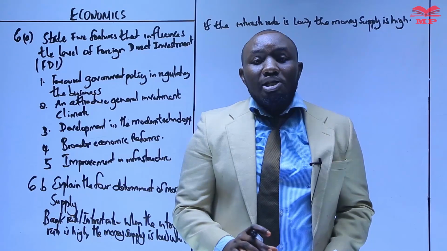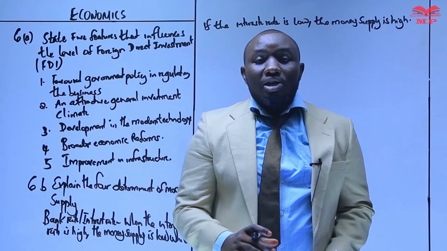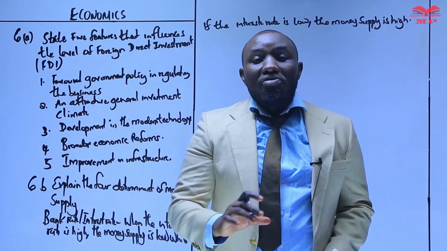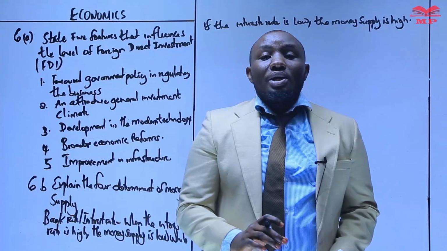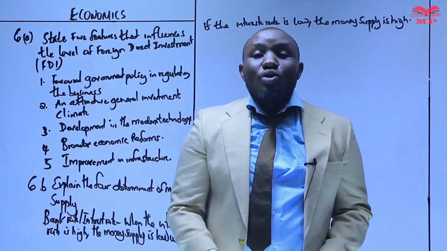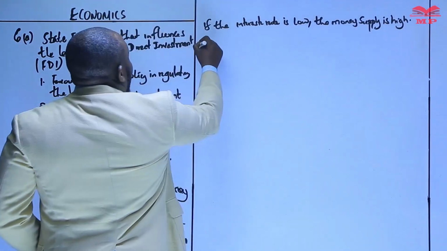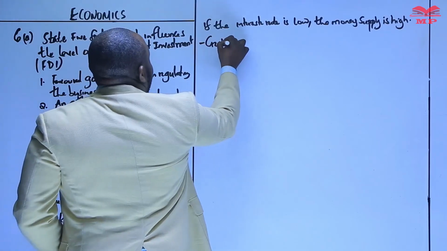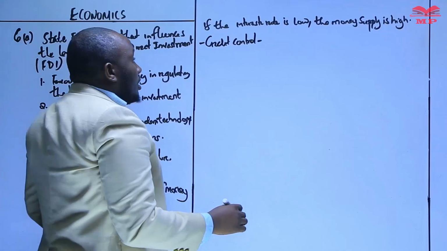But if credit is not given selectively, but given to every area of the economy without selecting, then the supply of money is going to be high. So we put it as credit control. The second would be credit control.